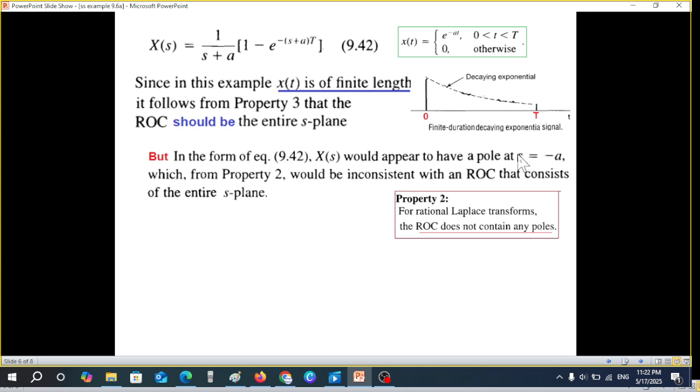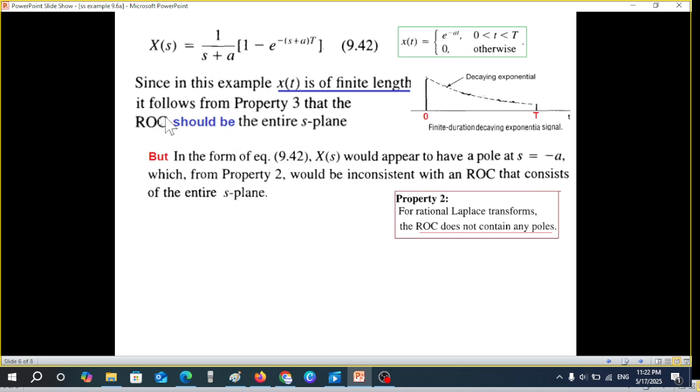And we have learned from property 2 that the ROC does not contain any pole. So if there is a pole, this would be inconsistent with an ROC that consists of the entire plane.